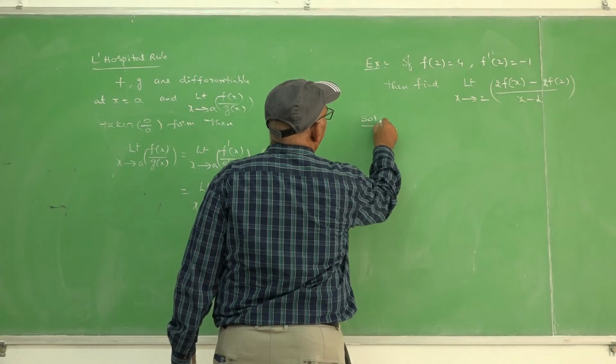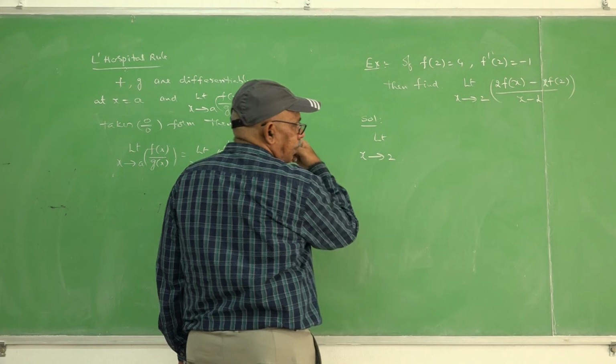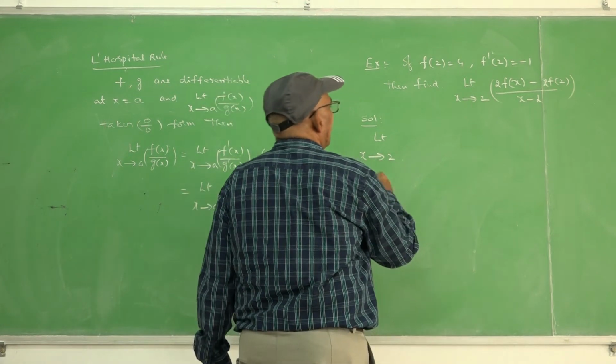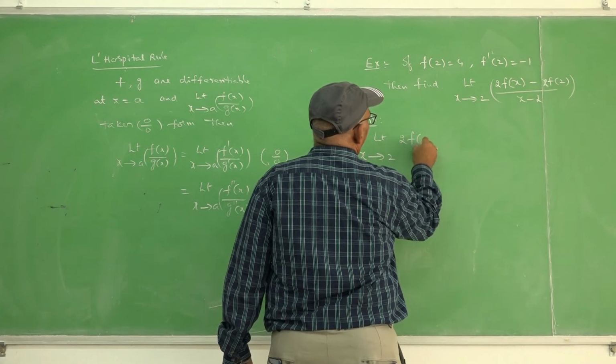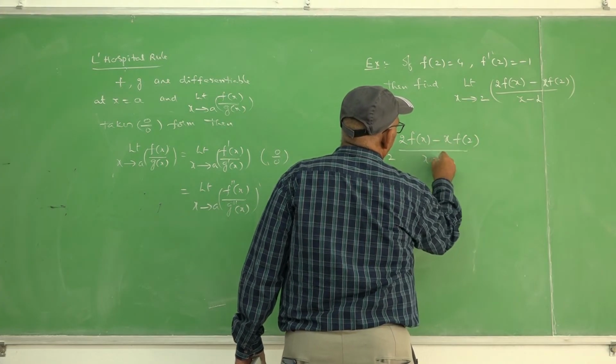Coming to the solution, I will evaluate the limit with the help of L'Hospital's rule. The limit as x goes to 2 of f x minus x f of 2 by x minus 2.